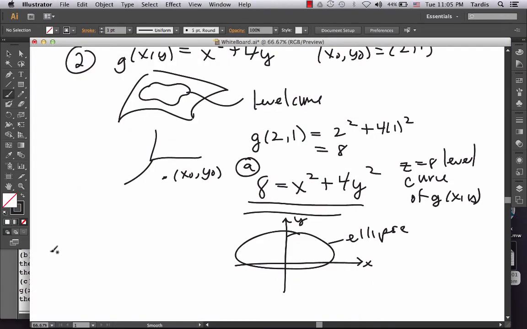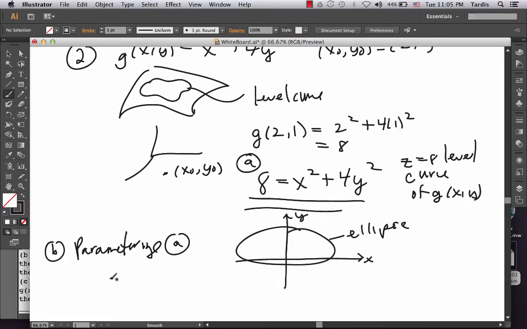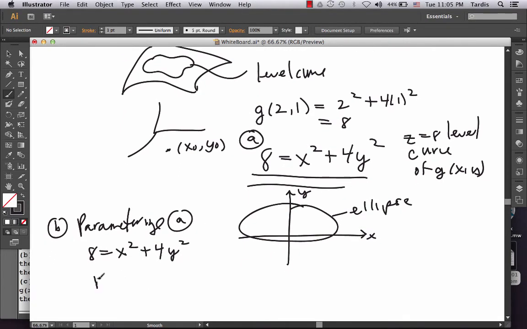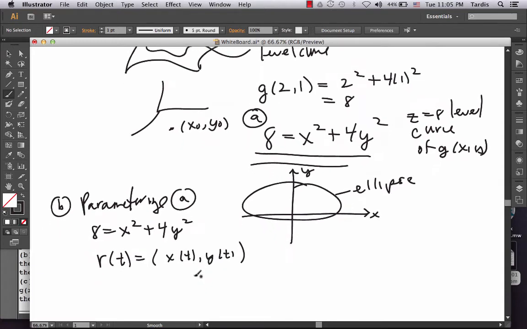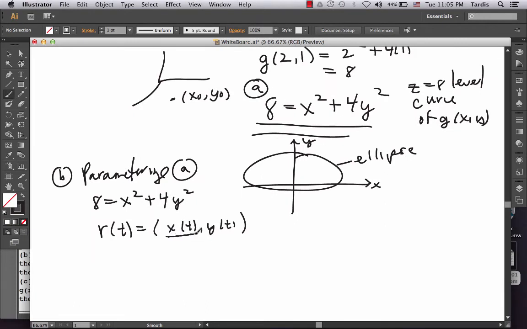So let's first parameterize the curve from A. What we mean by that is we need to take the curve x squared plus 4y squared, and we need to write this down as a curve x of t, y of t. It is a curve that if you substitute in for x here and substitute in for y, you better get 8.